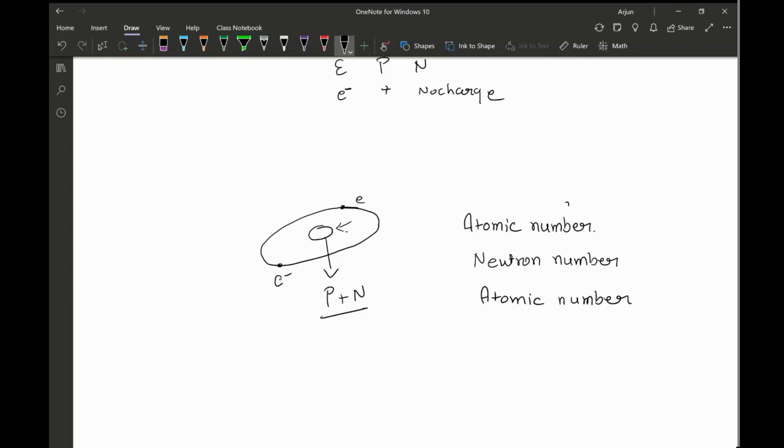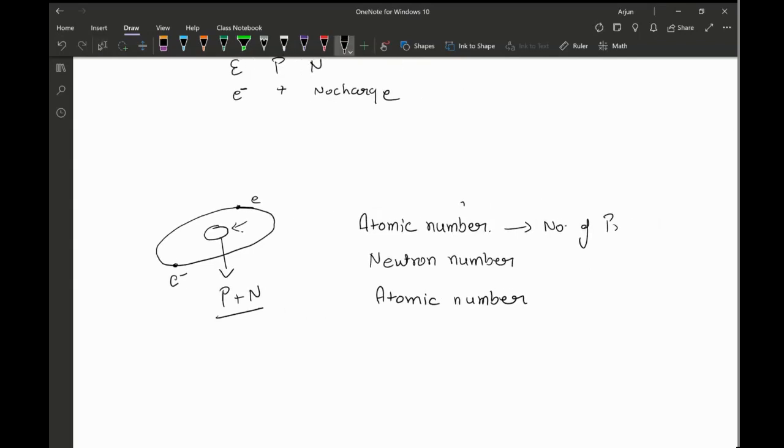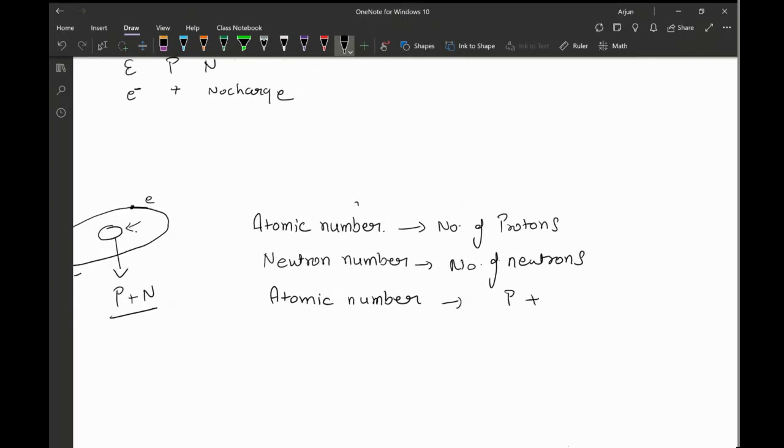So atomic number is basically the number of protons which are in an atom. Neutron number is number of neutrons, as the name suggests. And atomic mass number will be the sum of protons plus neutrons.